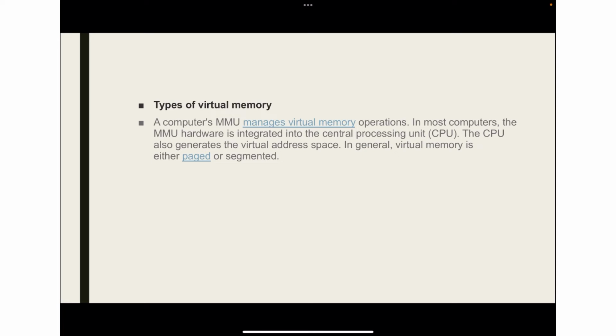Okay, we have types of virtual memory. A computer's MMU manages virtual memory operation. In some computers, the MMU hardware is integrated into the central processing unit. And the CPU also generates virtual address space.